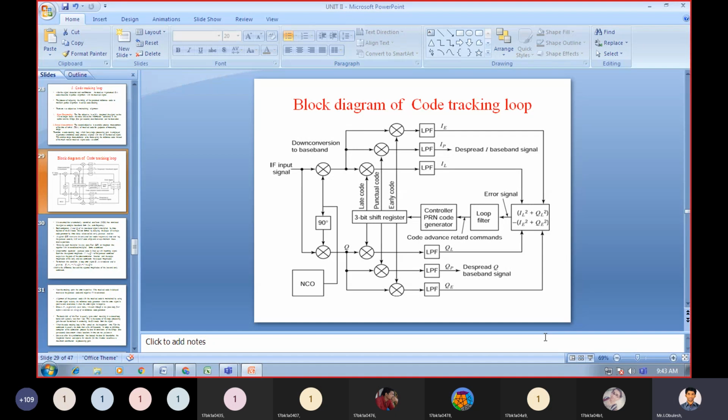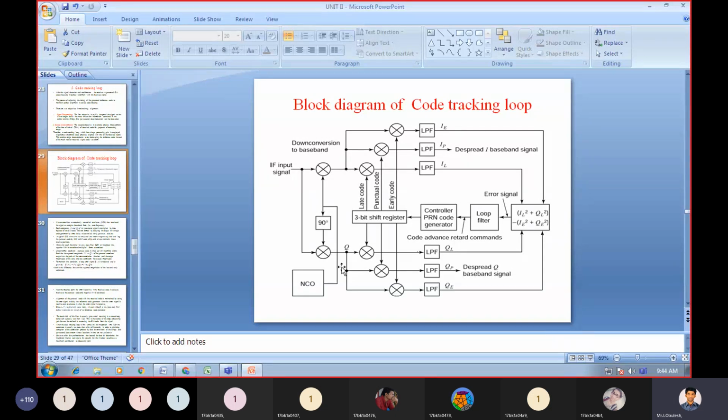You need to apply the IF input signal to the multiplier, and from the NCO you need to take one more input, because the multiplier requires two input signals.